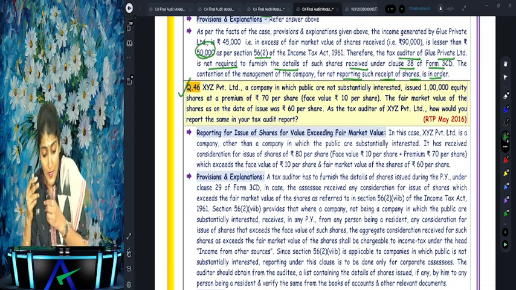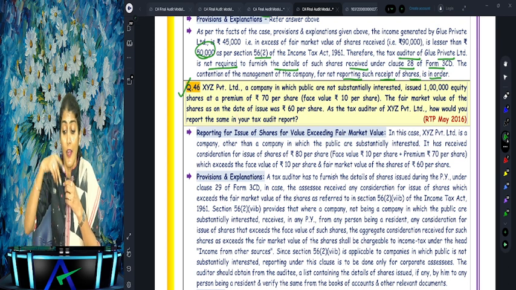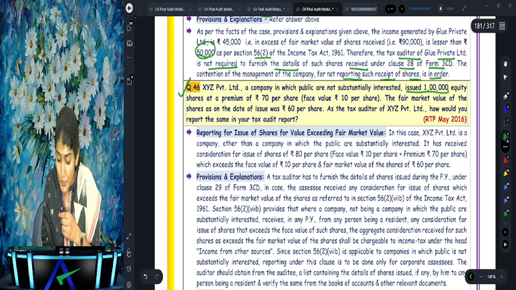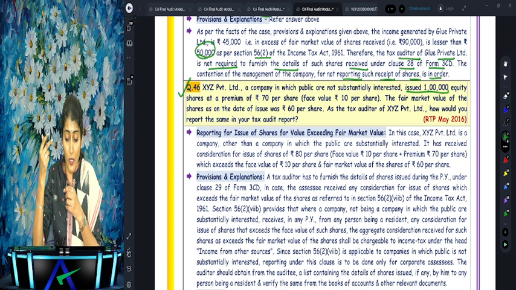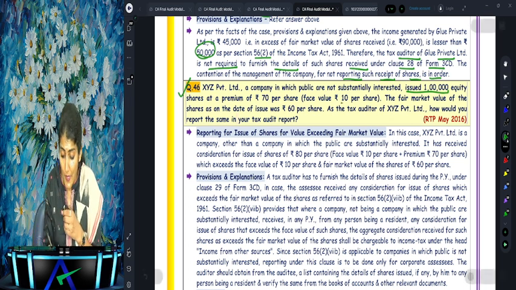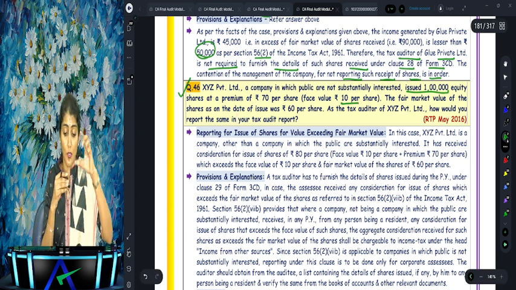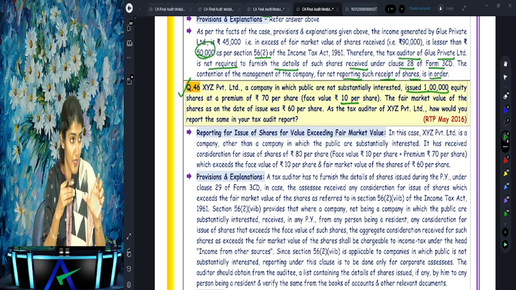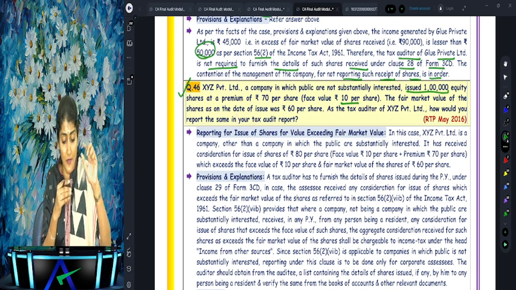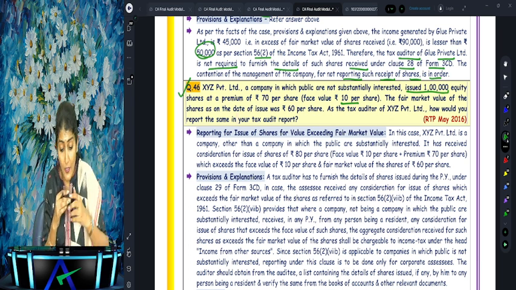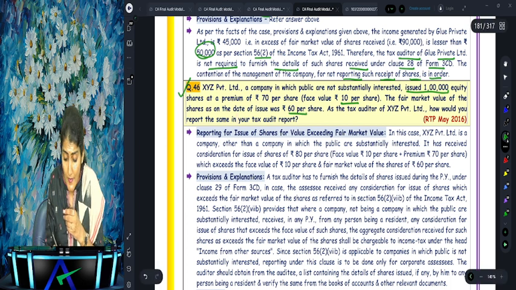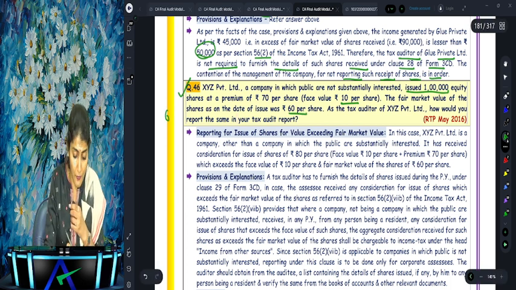XYZ Private Limited, a company in which the public are not substantially interested, issued 1 lakh equity shares at a premium of 70 per share and face value of 10 per share. That means how much is the total value of the share? 80 rupees: face value 10 rupees and premium 70. The fair market value on the date of issue was 60 rupees. So what is the actual value of the share? 60. At what price have they sold it? 80.